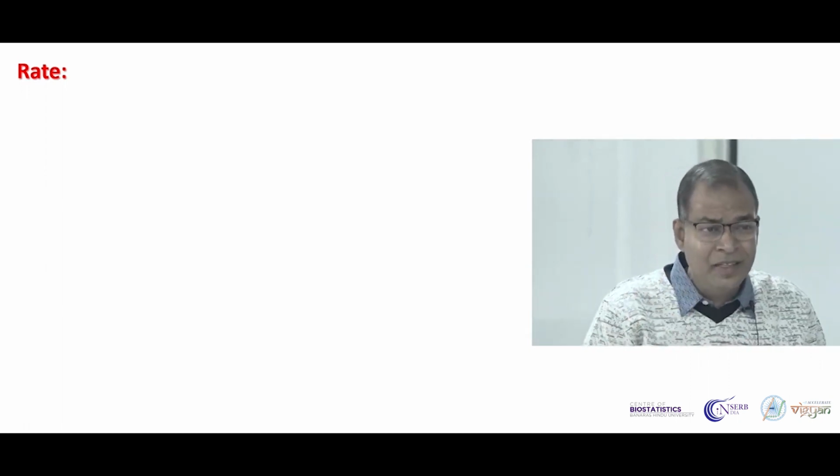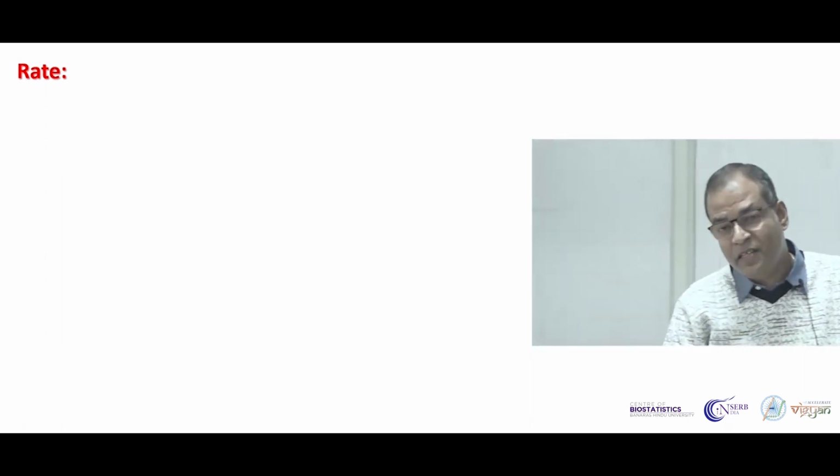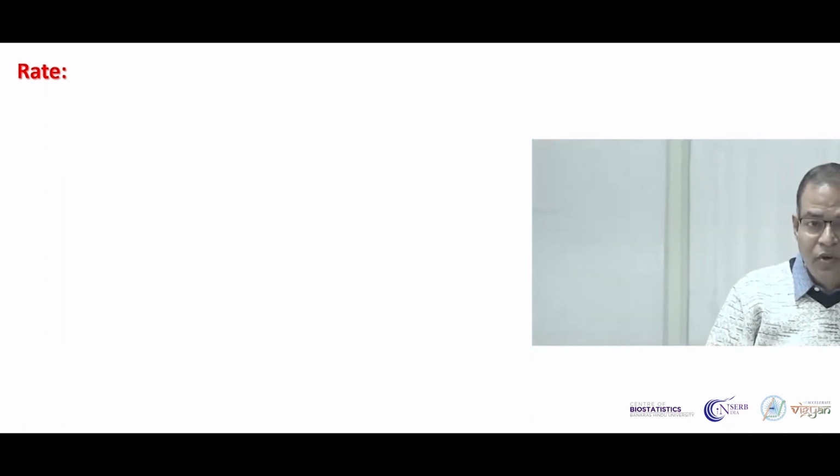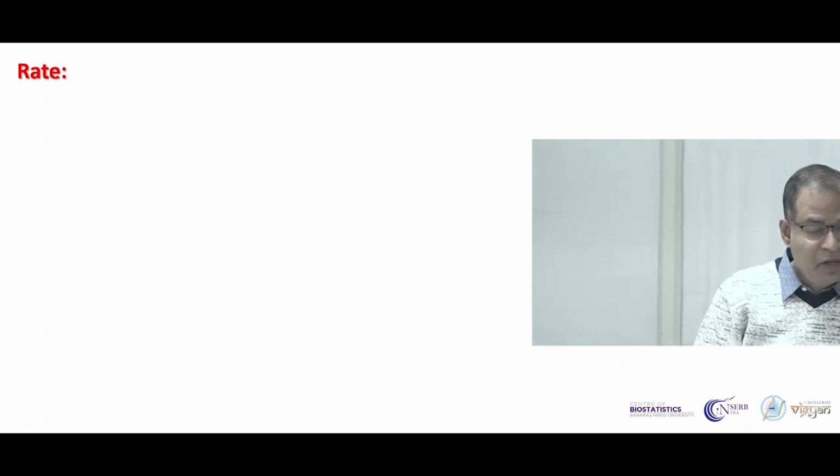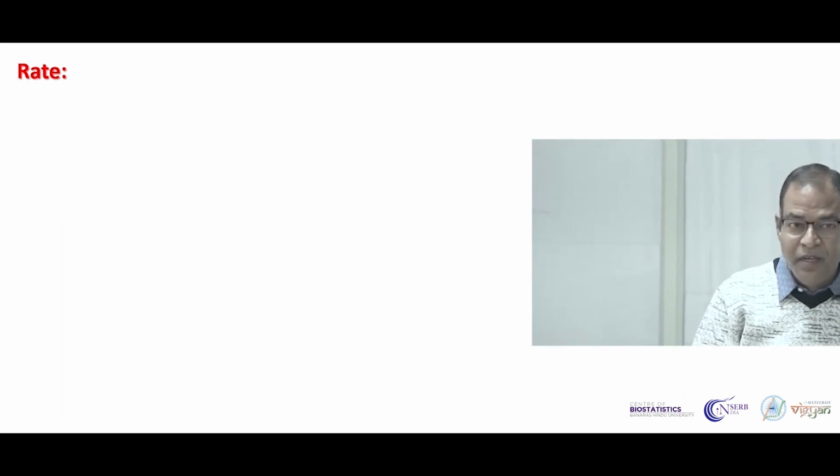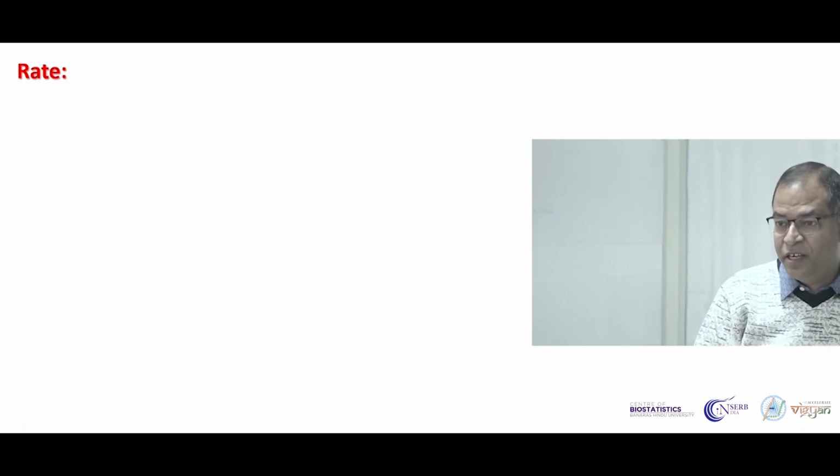And another important thing is the time specification. If I tell you that after some period of time I measured the blood pressure and I saw the prevalence rate of blood pressure is this much, then you might ask me, sir, at what time are you talking about?